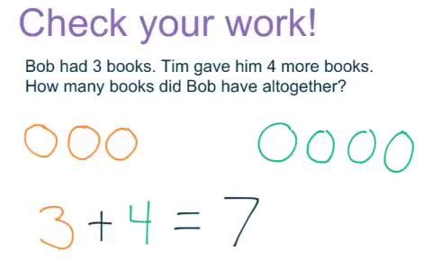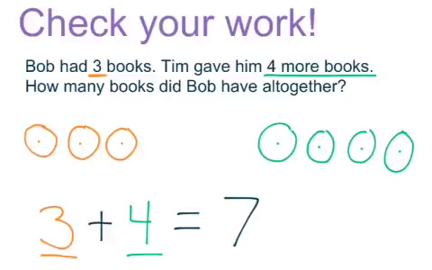Let's check our work. We teach students to go back in the story problem. Bob had 3. 1, 2, 3. That part is correct. Next, Tim gave him 4 more books. 1, 2, 3, 4. That part is correct as well.